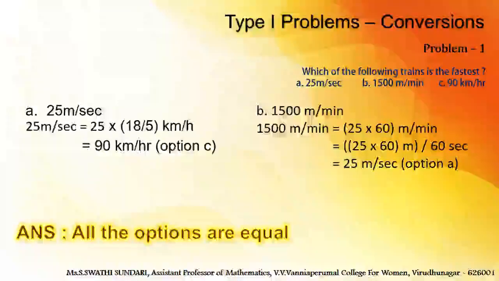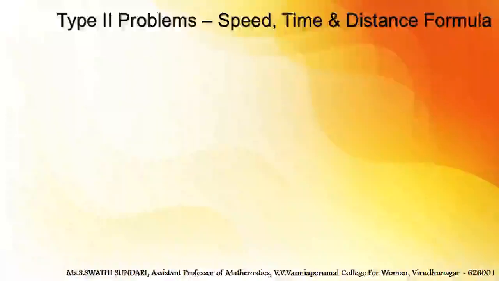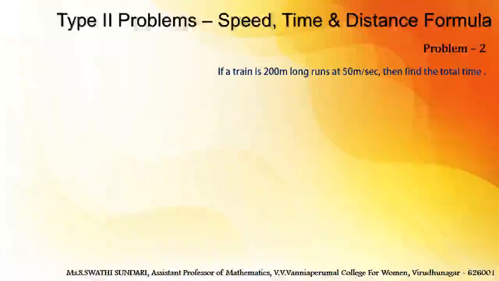And next we're going to see the type 2 problems, which involve only the formulae of speed, time and distance. The problem is that a train 200 meter long runs at 50 meter per second, find the total time. Here we write the given: distance is equal to 200 meter and speed is equal to 50 meter per second, and we're going to find time.